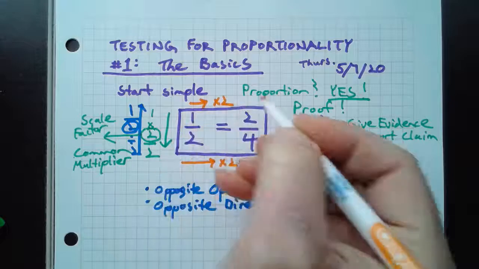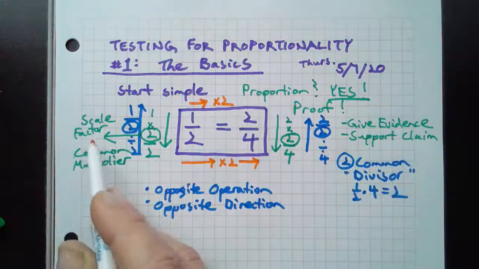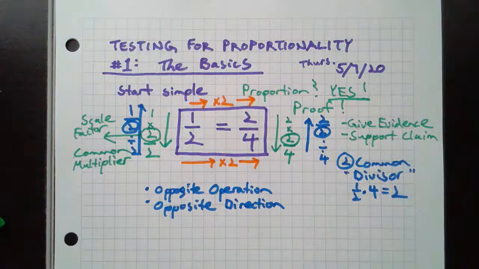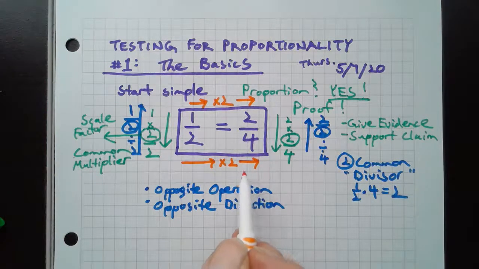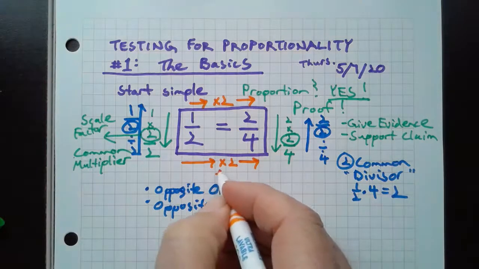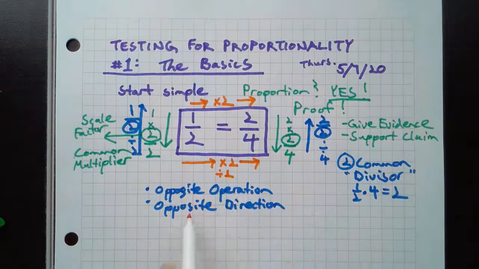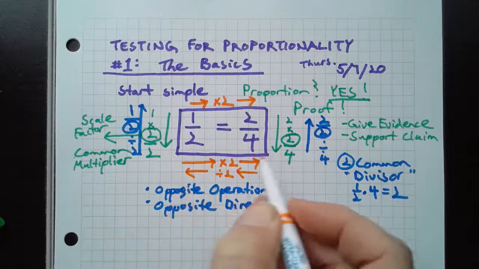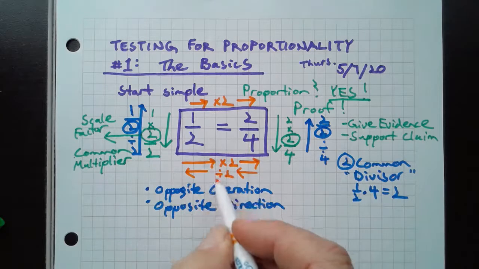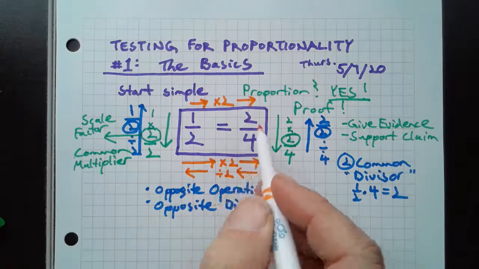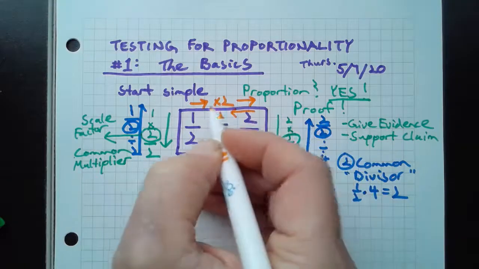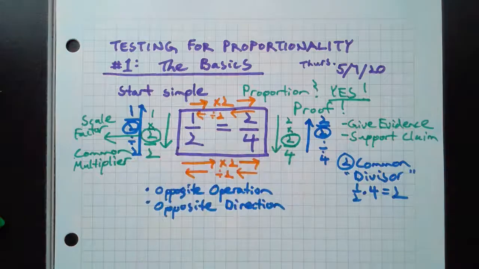There's that common multiple, that scale factor of 2 in this case. And what happens when I go from right to left? Right, opposite operation, the inverse operation. 4 divided by 2 is 2, and 2 divided by 2 is 1.